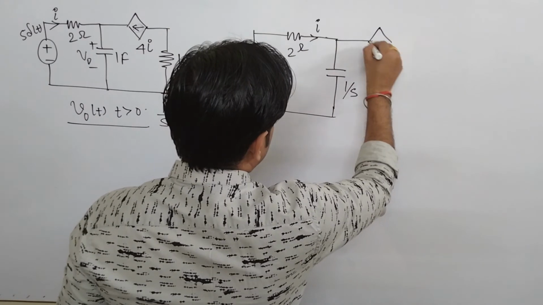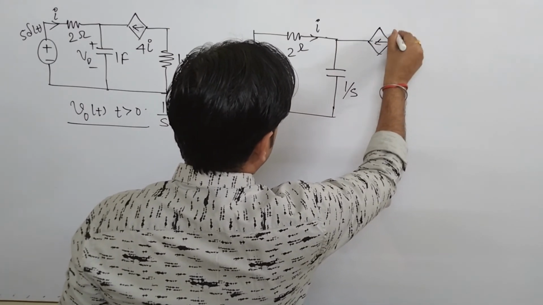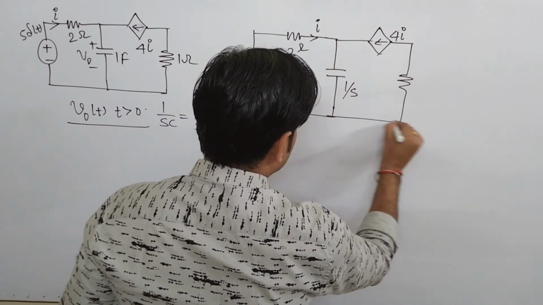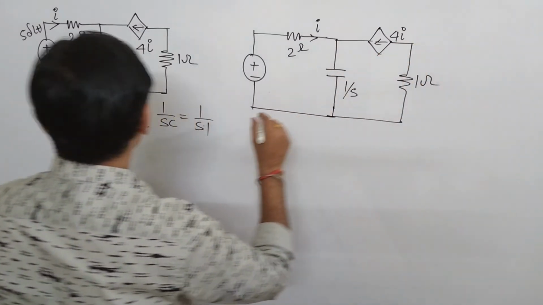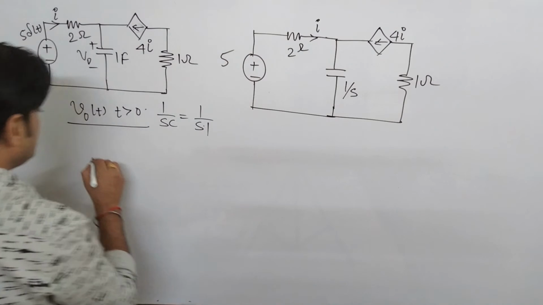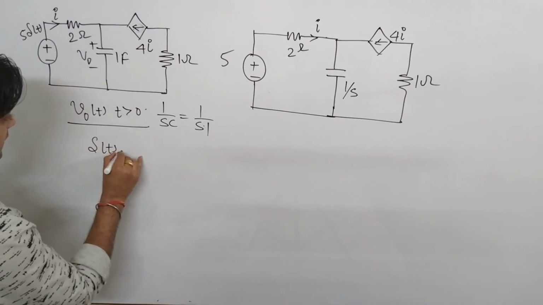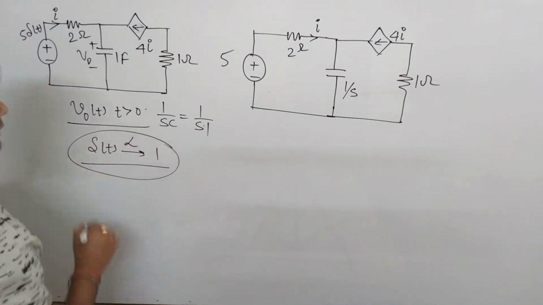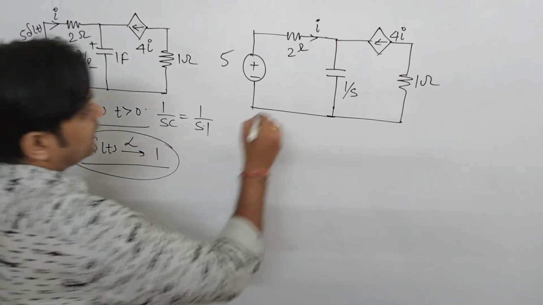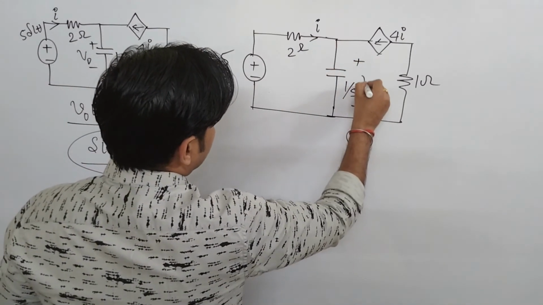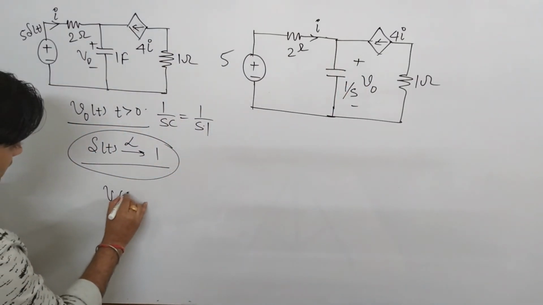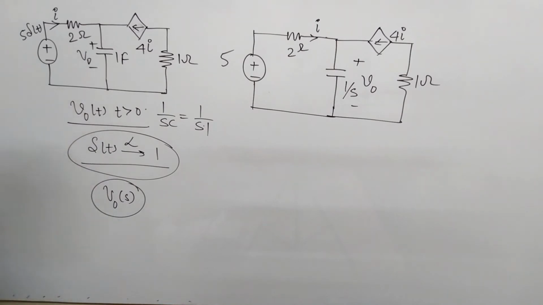This is your current source of value 4I, and this is your 1 ohm resistance, and this comes to be 5. Why? Because the Laplace transform of delta t is 1. This concept we have used here, and the voltage here is V0. For the timing I am writing it as V0, basically it is V0(s).